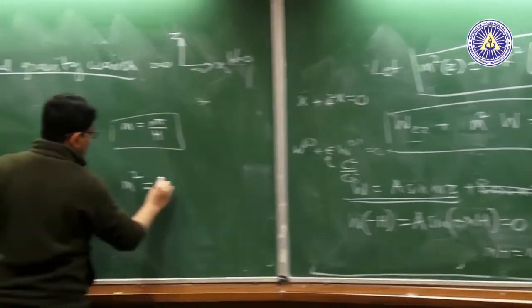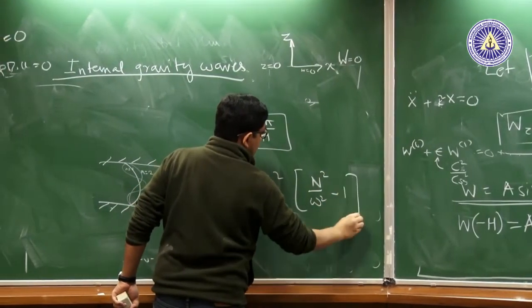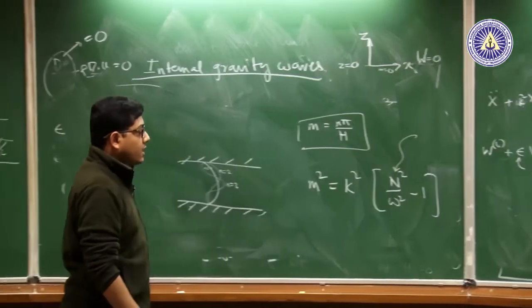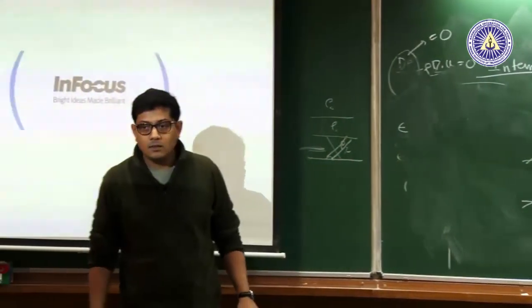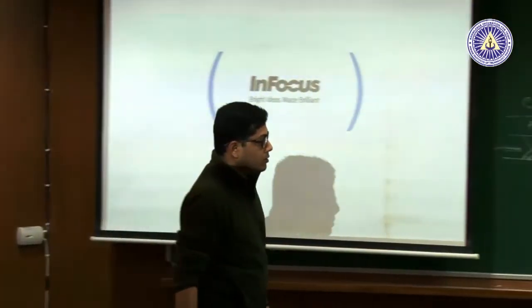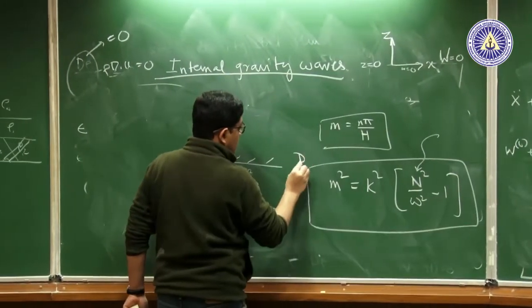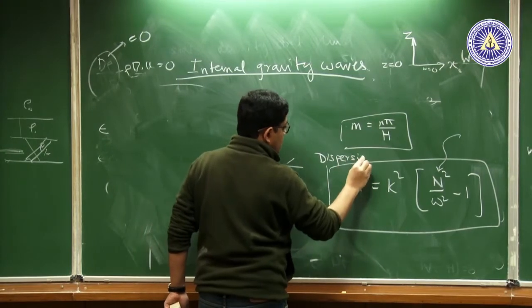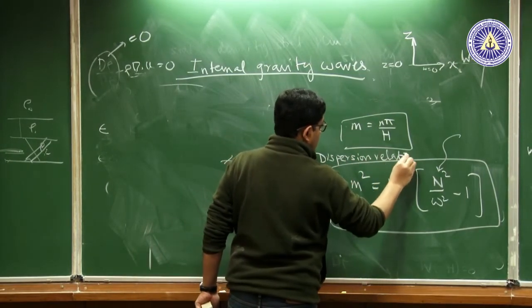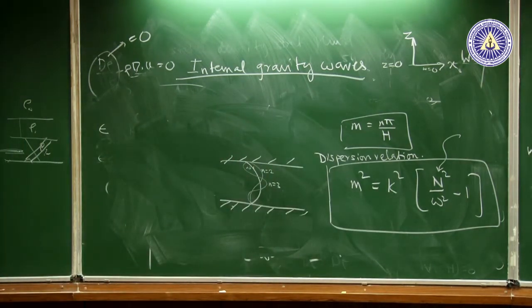So m squared is k squared. Remember that N squared is constant, otherwise it is a relation that makes this a right dispersion relation. Okay.